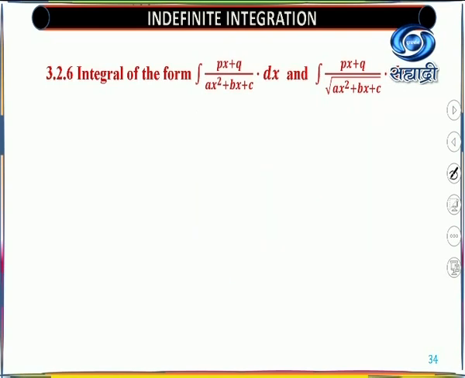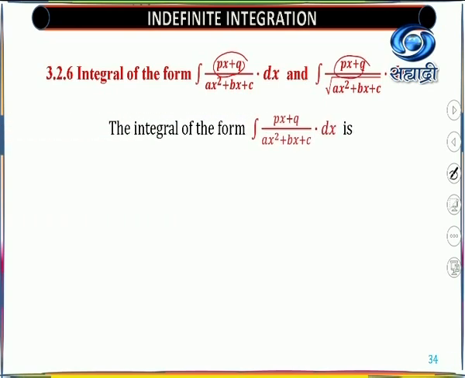And now there is one more form, that is integral px plus q upon ax square plus bx plus c. That means there is a linear function in the numerator for both types of integrals. Then what will be the method for this type of integral?